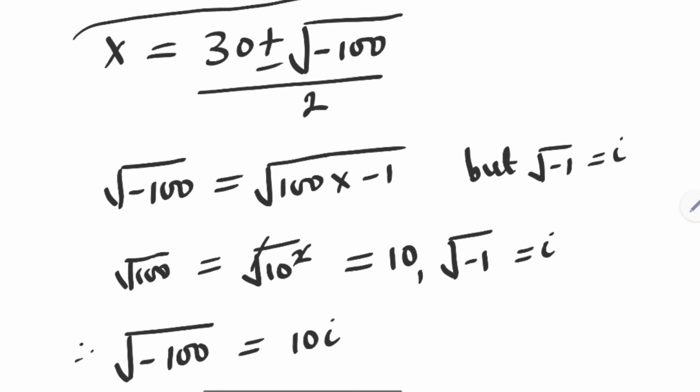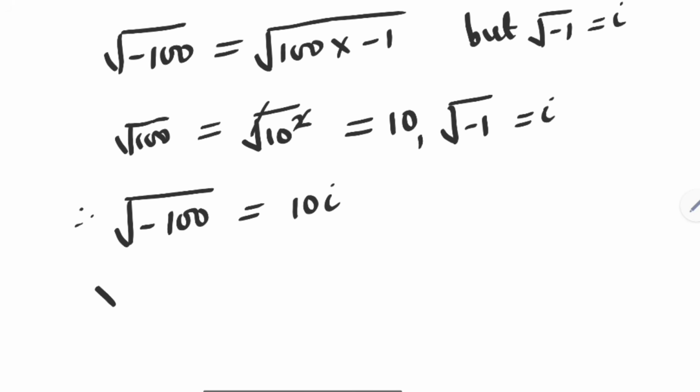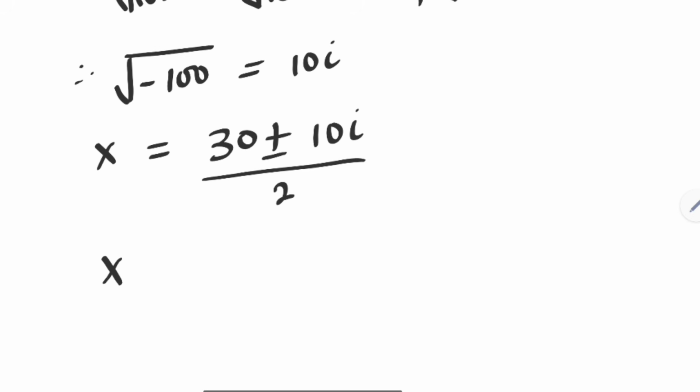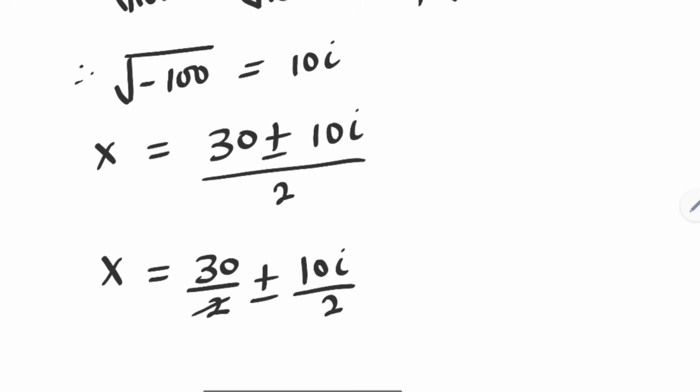Now from here, x is equal to 30 plus or minus 10i divided by 2. x is equal to 30 divided by 2 plus or minus 10i divided by 2. 2 here 1, 2 here 15, 2 here 1, 2 here 5.